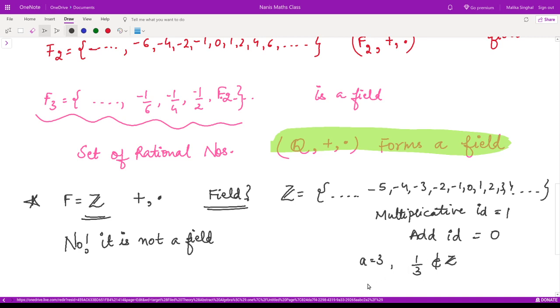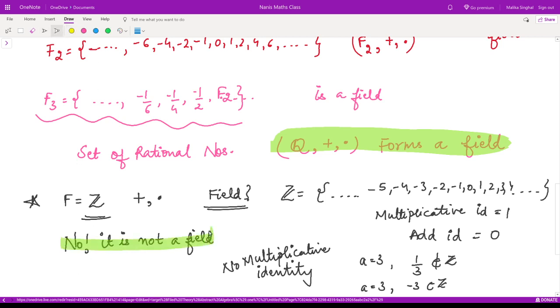It has additive inverses. If you take A equal to 3, then -3 belongs to this set, right? So there are no multiplicative inverses. So this set together with these operations does not form a field, right?